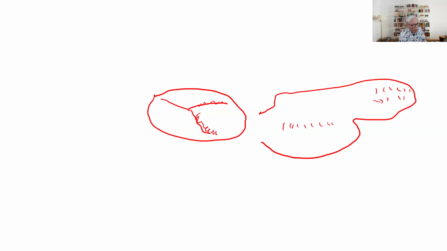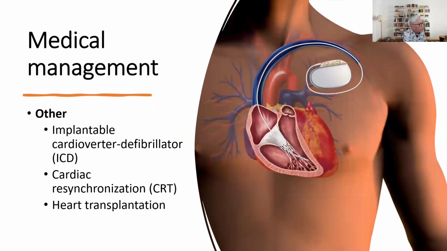And thus, part of the therapeutic intervention is to do a cardiac resynchronization therapy. What we do is we connect a pacemaker over here and a pacemaker over there, so that if this is activated, this is also going to be activated at the same time. So they will beat now at the same time. That's what's called synchronization.